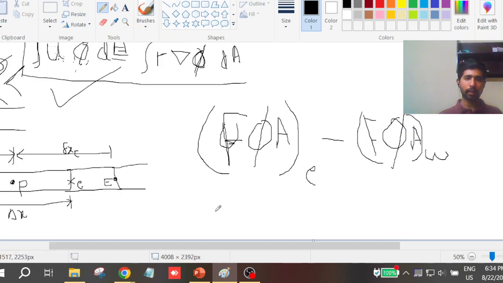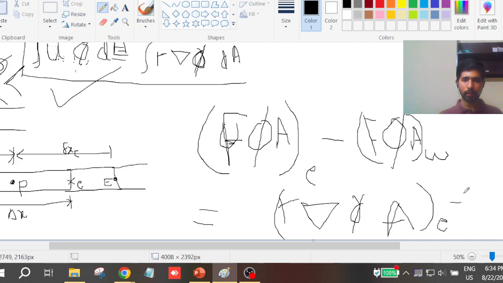And then similarly you will get tau into del phi by del x times A, east minus the same at west. Sorry, this is tau. So this is your final equation.